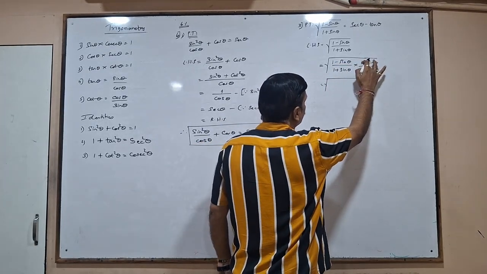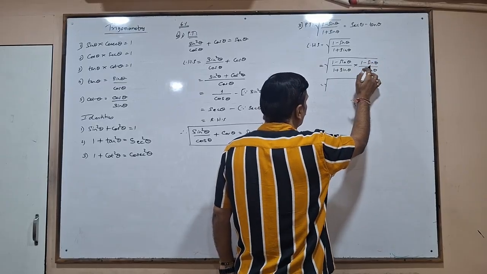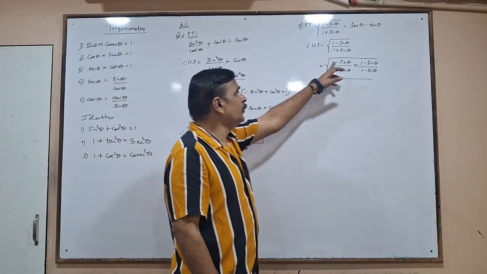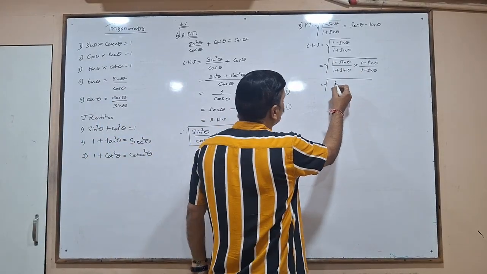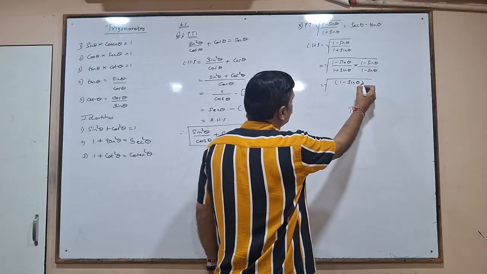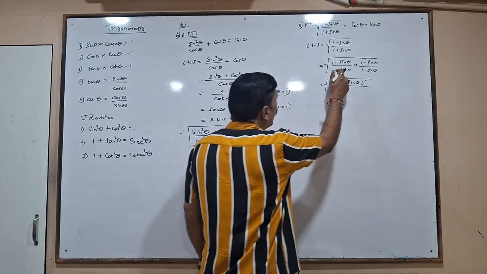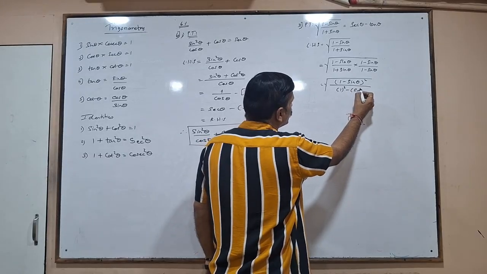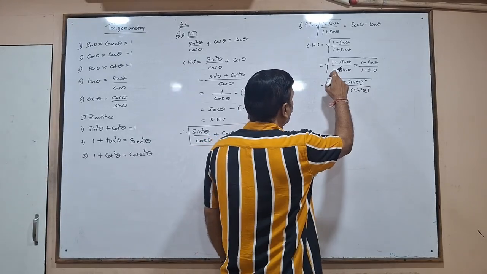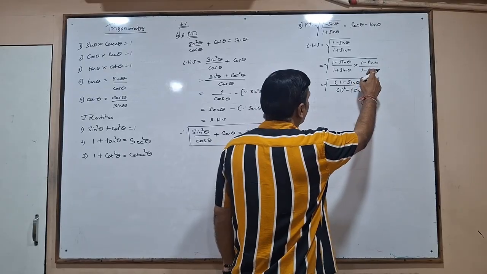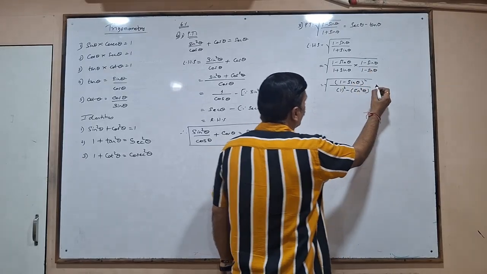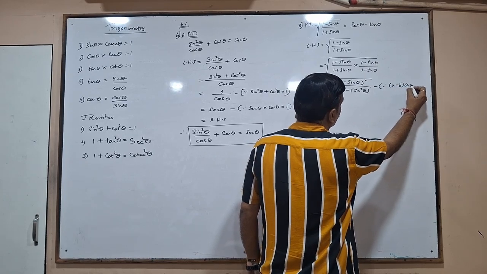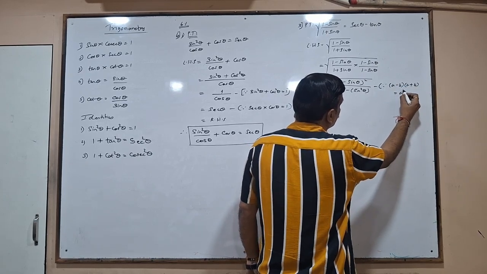Sorry, it should be minus, rationalizing, plus ka minus. Now in the numerator it is 1 minus sine theta the whole square, and in the denominator it is a square minus b square. A plus b into a minus b is a square minus b square. We can write that particular identity in the bracket.